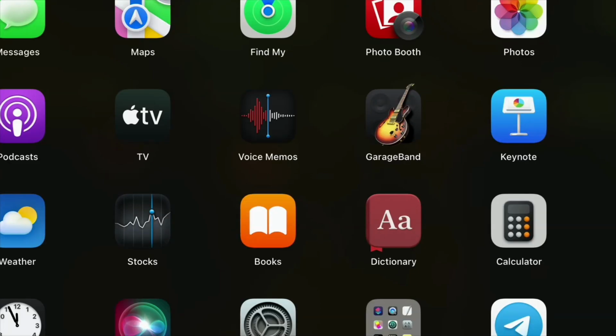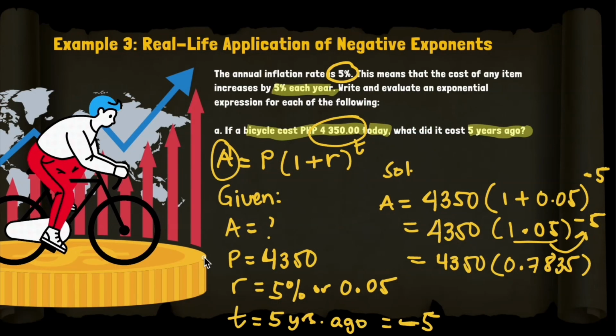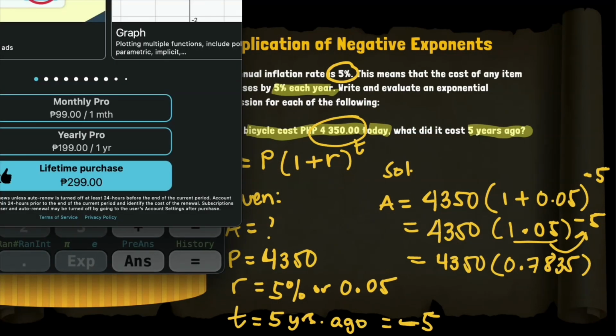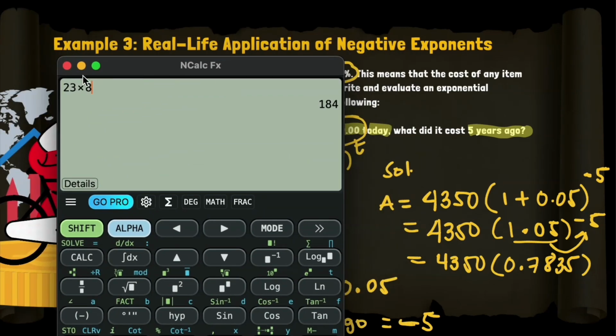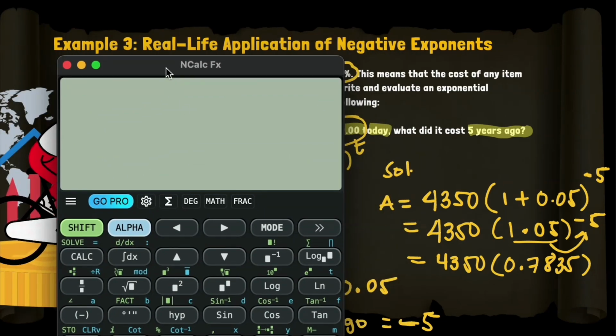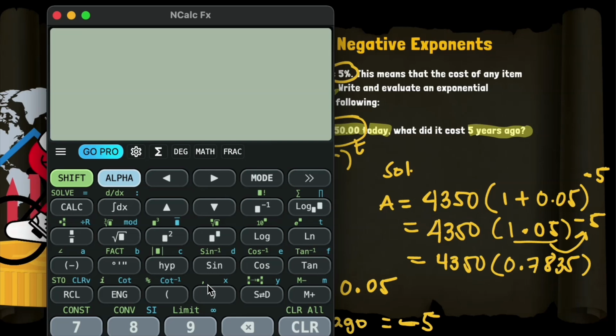So, scientific. Okay, so where is my calculator? There. I want you to see the calculator that I will use, so that our solutions match. First, we have 1.05 raised to negative 5.